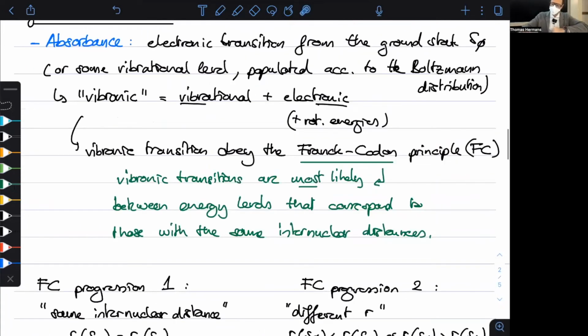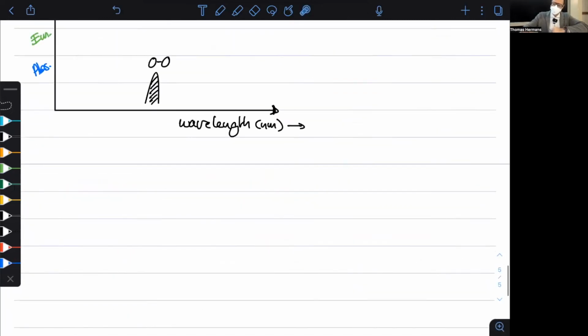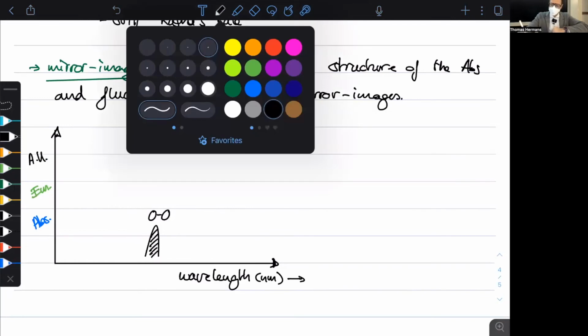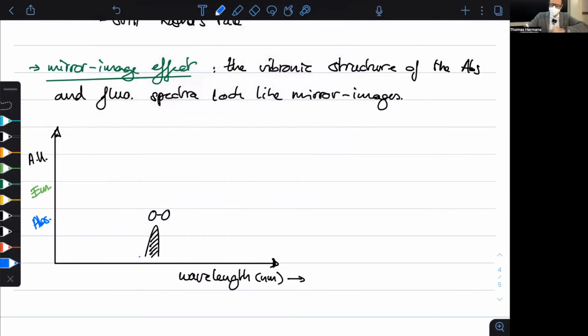Same one. And we have all these other ones. I'm going to draw the case where this one would be 0,1, drawn in reverse, and 0,2. So this is the Franck-Condon progression where the 0,2 transition is the most probable, so it's the most intense one.